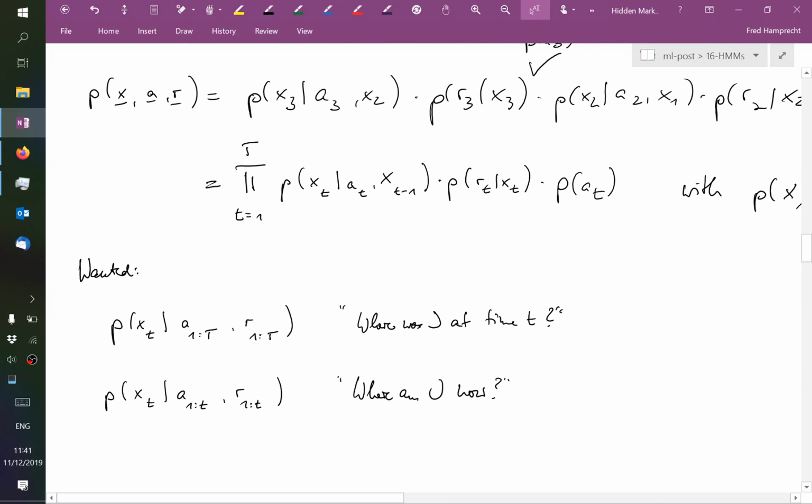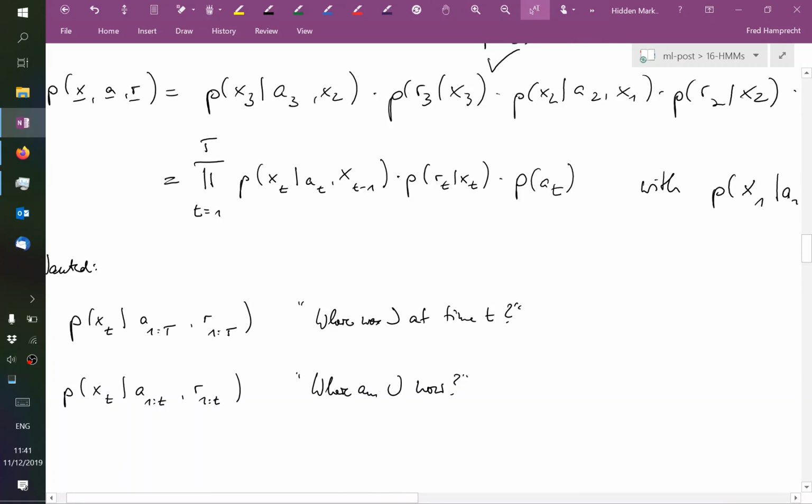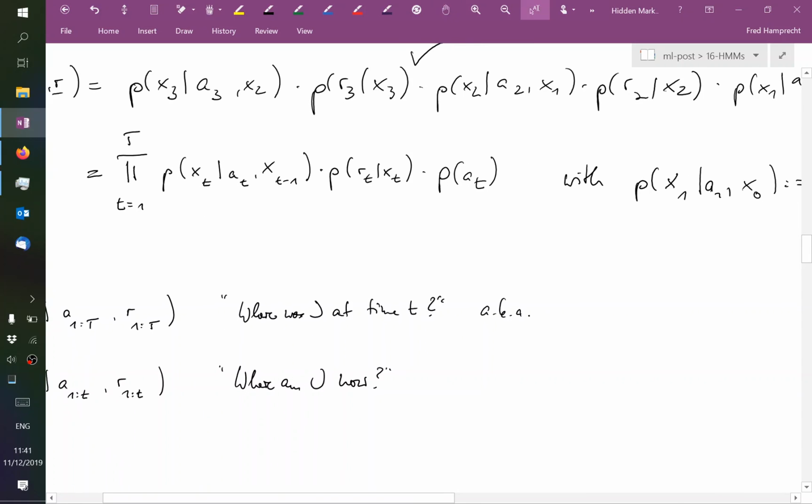And in more abstract terms, the first problem is also known as offline estimation, because you can only do it after the fact. Or especially in the Kalman filter literature, this is called smoothing. Or in the second case, we have online estimation, which in the Kalman literature in particular is known as filtering.